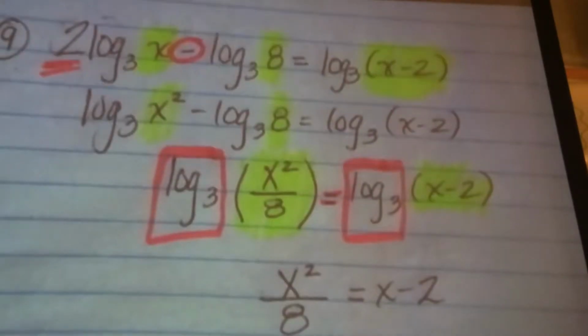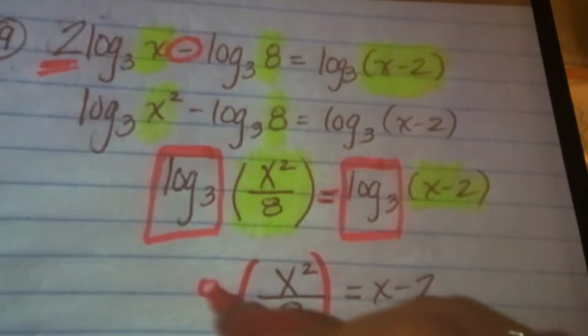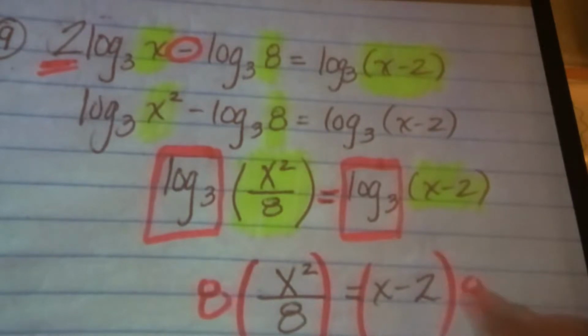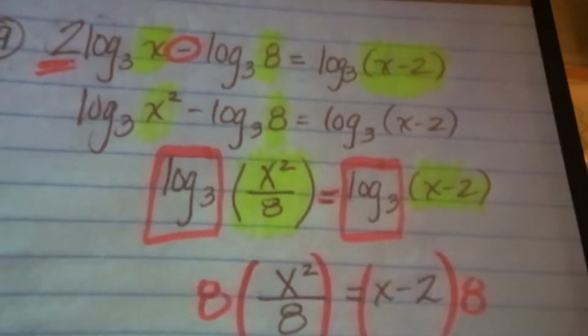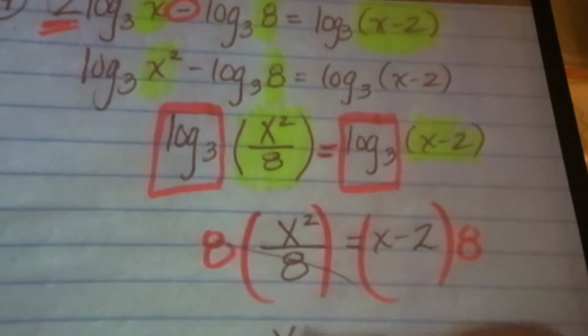I'm going to go ahead and get rid of this 8 by multiplying both sides by 8. This goes away, and I'm left with x squared equals 8x minus 16.